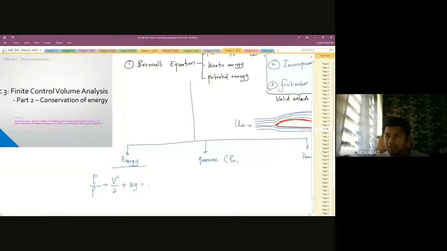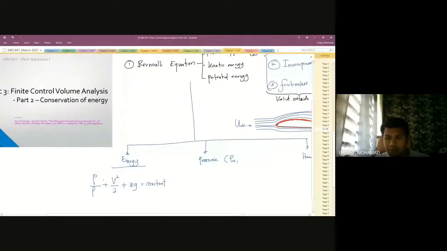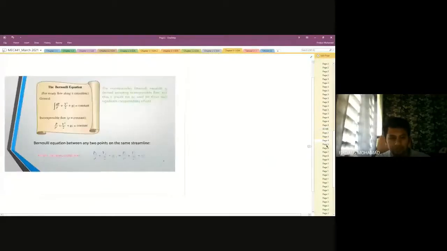Okay, so this is the energy equation. Okay, so this is the Bernoulli equation based on energy.